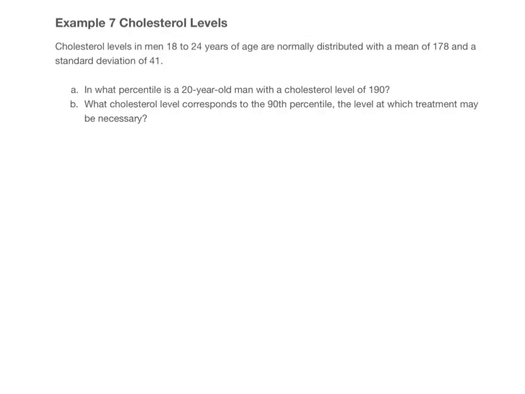Let's look at an example. If we want to go back and forth between percentiles and standard deviations, we can do so using those z-scores. Let's say we know cholesterol levels in men 18 to 24 years of age are normally distributed with a mean of 178 and a standard deviation of 41. Let's draw this.